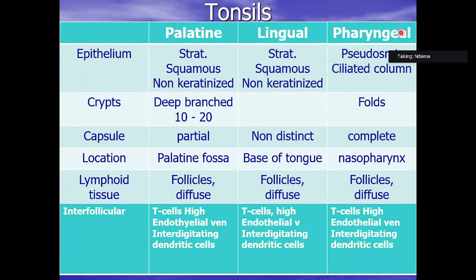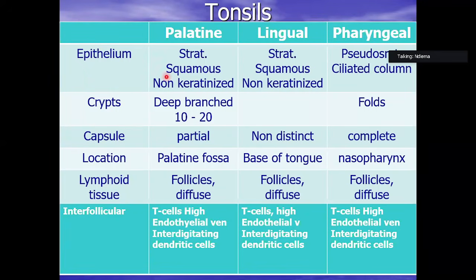In the case of the pharyngeal tonsils, at the nasopharynx, we have extension from the nasal cavity, so we have pseudostratified ciliated columnar epithelia as the lining. Immediately below the epithelia, in the lamina propria, we have the lymphoid tissue.